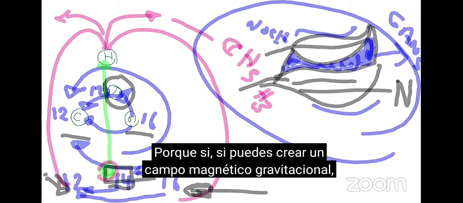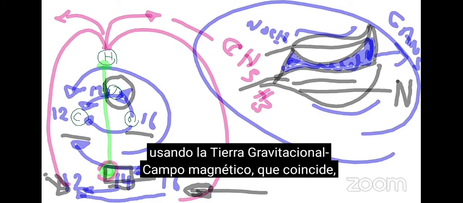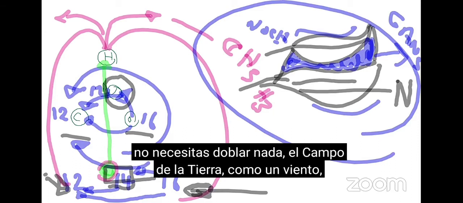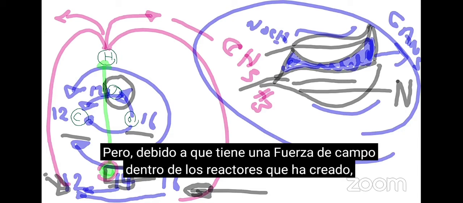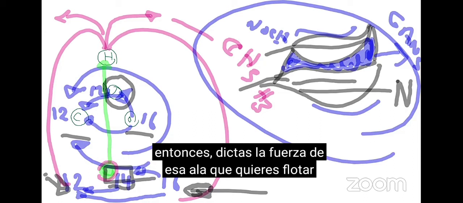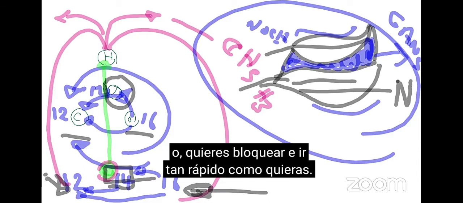Because if you can create a gravitational magnetic field that matches the Earth's gravitational magnetic field, you don't need to bend anything. The field of the Earth, like a wind, blows you into the air. Because you have a field strength within the reactors you have created, you dictate the strength of that wind, whether you want to float, or blow and go as fast as you like.